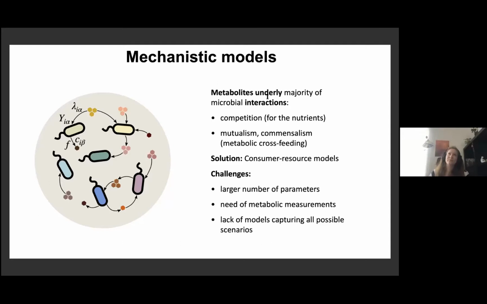But then they were mostly staying in the theoretical field until people from microbial ecology realized that, look, a lot of microbes probably follow the same ecological laws, but in microbial ecosystems we can go and directly test it in the lab, and it's going to be fast and easy compared to large macro ecosystems where it takes years to collect the data. So in the past 5 years, there was a huge surge of those consumer resource models in the literature, and people started to study various scenarios on how they work in the microbial case.